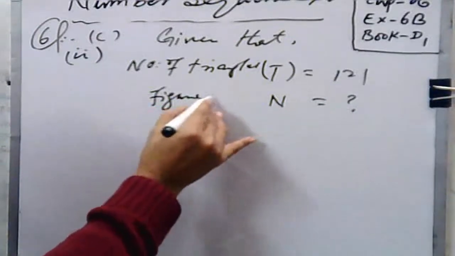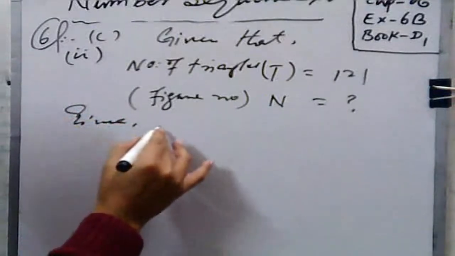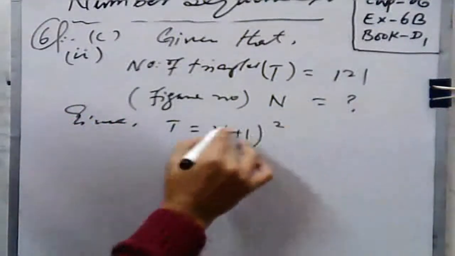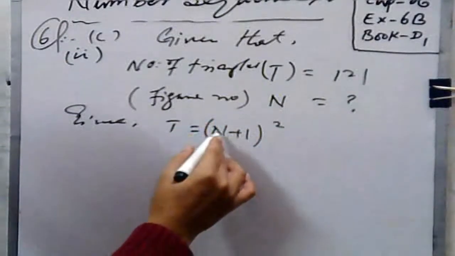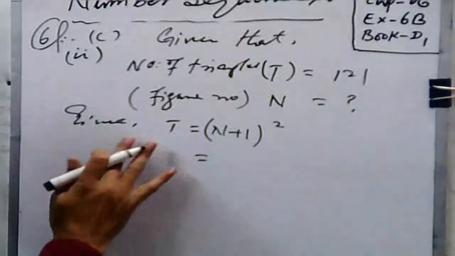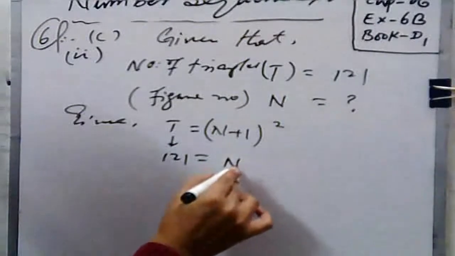We can find it easily, since we have a formula, T is equal to n plus 1 whole square. We need the value of n, but the value of T is given to us, that is 121, so n plus 1 whole square.